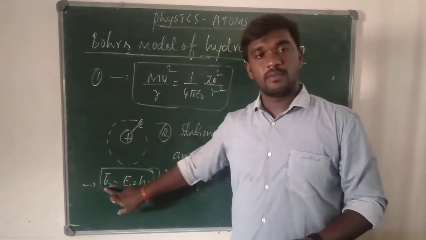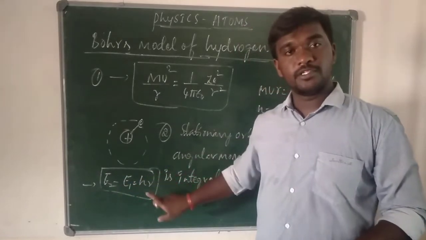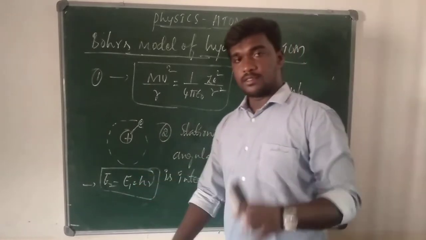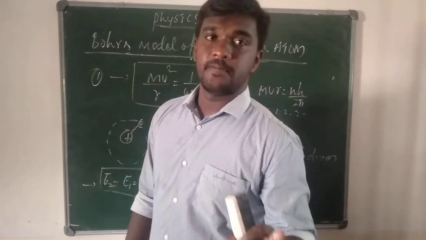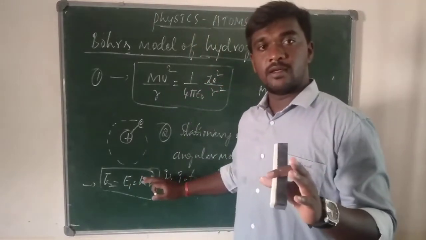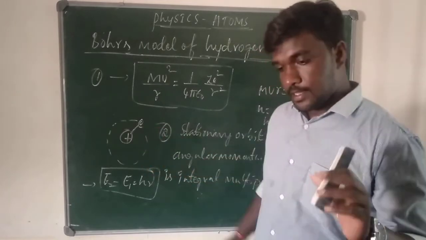Therefore, E2 minus E1 is equal to h nu. h nu is the energy of the atom. Okay, these are the main basic postulates of Bohr, and these postulates are very important from the exam point of view.